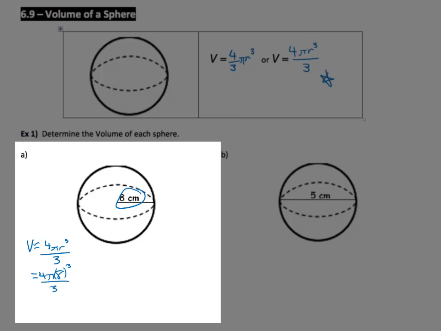Now, depending on your calculator, this button might look different. To do the power of 3, you would do 8, y to the x, 3. You might have that button. Another button it might be looks like a little hat. Sometimes it's x to the power of y.